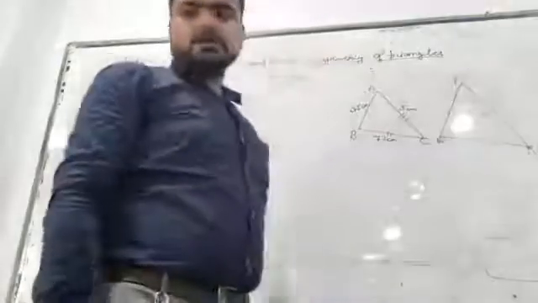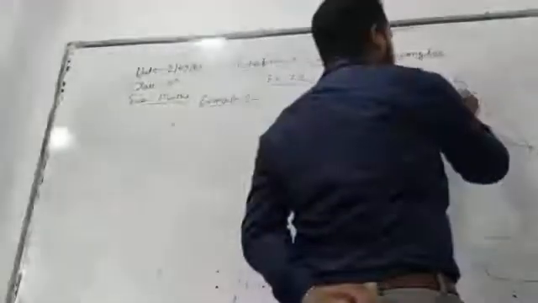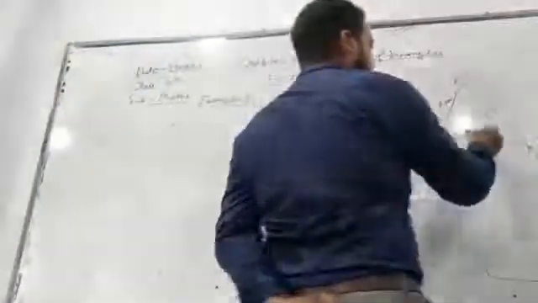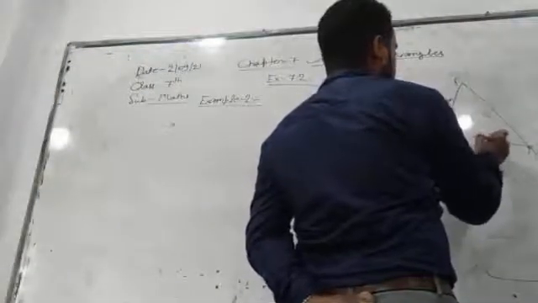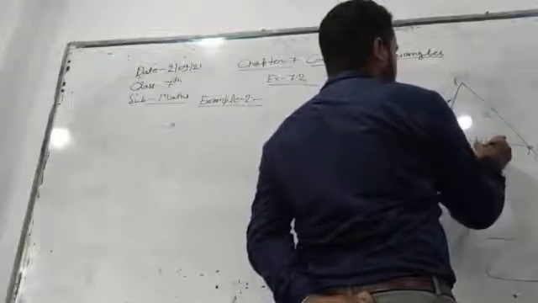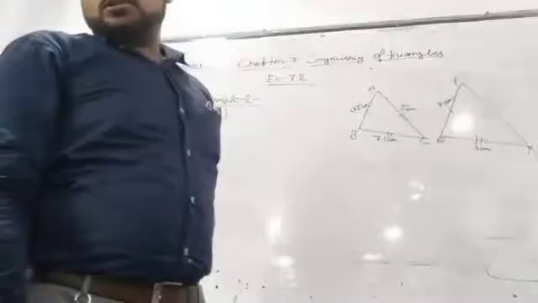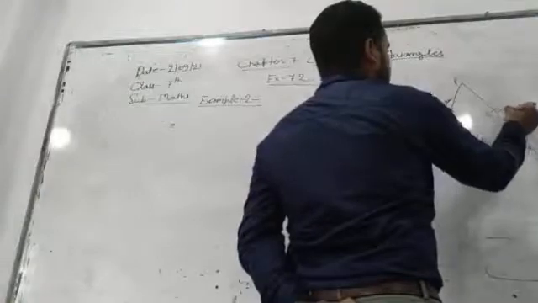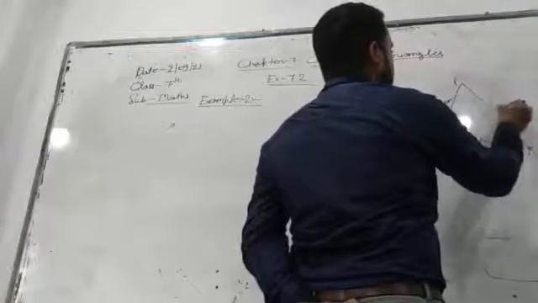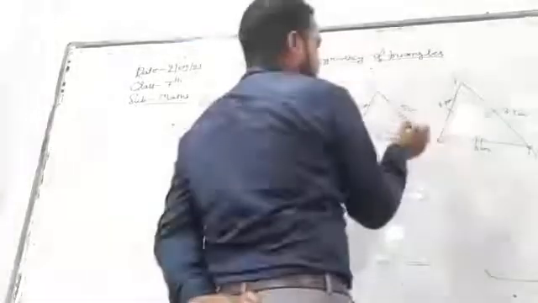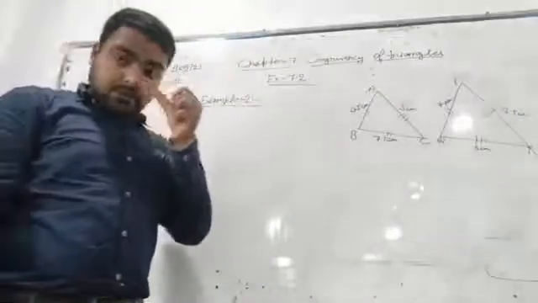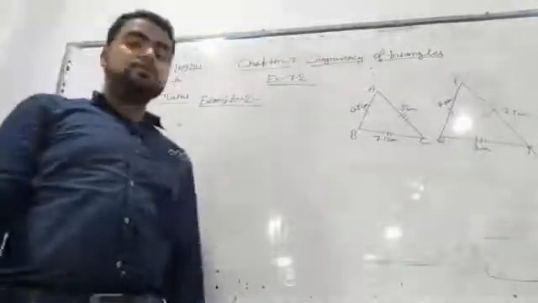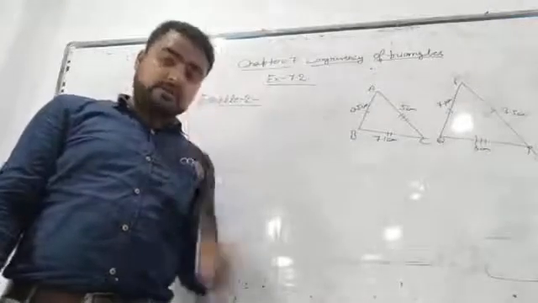Now in triangle PQR, PQ is 7.1 centimeter, QR is 5 centimeter, and PR is 3.5 centimeter. So we have to examine whether these two triangles, that is triangle ABC and triangle PQR, are congruent to each other or not.